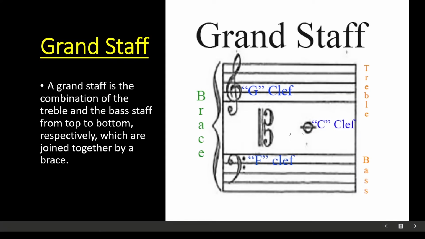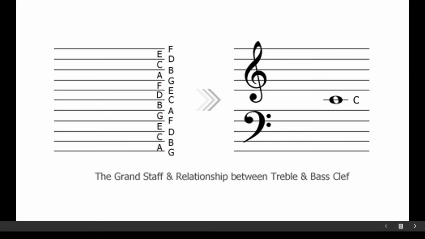Let me go back. See how this brace here lines up with the C, with that middle C, and how it also lines up with this C clef here? So you can also always think that that middle line should be right there, even though it's not there anymore, because it definitely helps to see a little less.